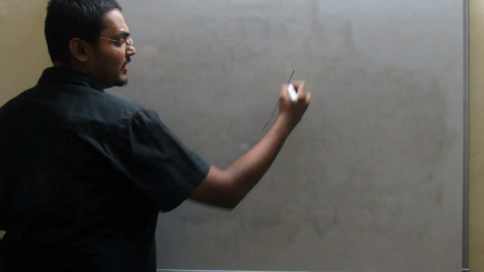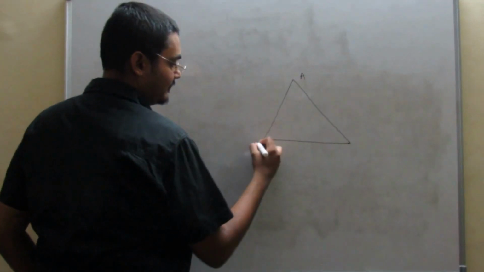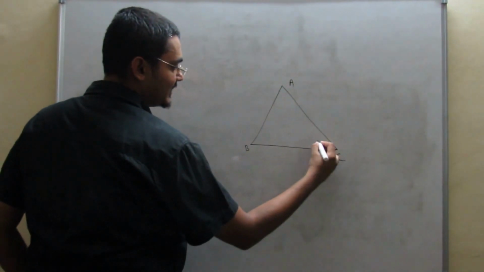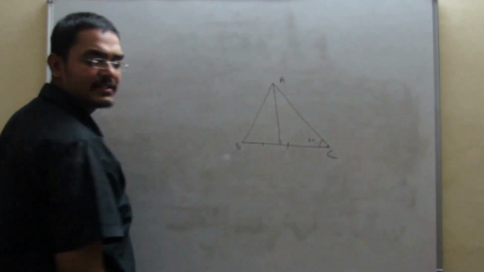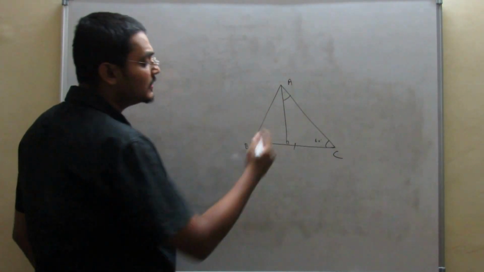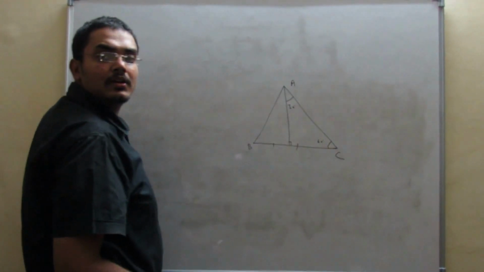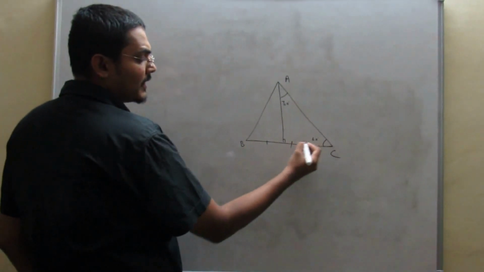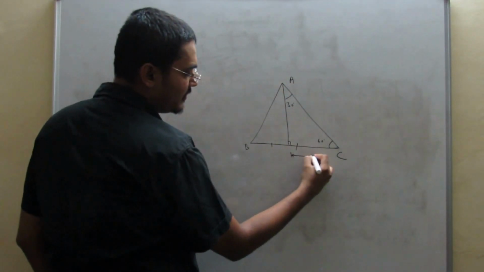Let's make an equilateral triangle. This angle is 60 degree. If I drop a perpendicular in this case, this gets bisected. That's the property of equilateral triangle. You can prove it easily by congruency. This angle is 30. So if I talk about this thing, height, so this would be a by 2.